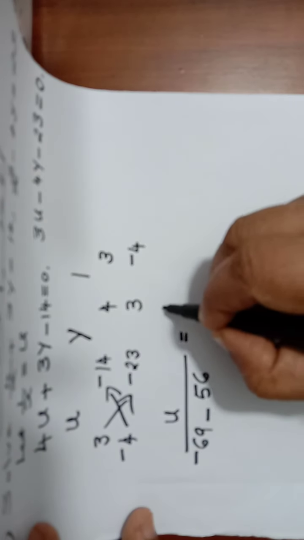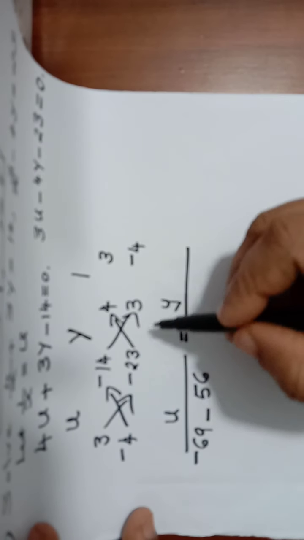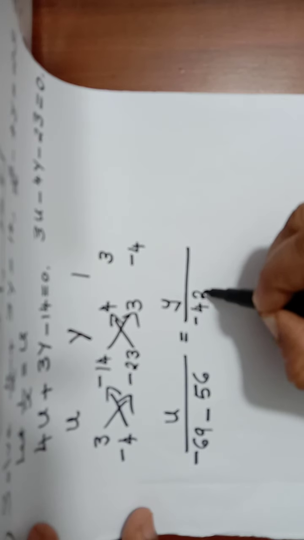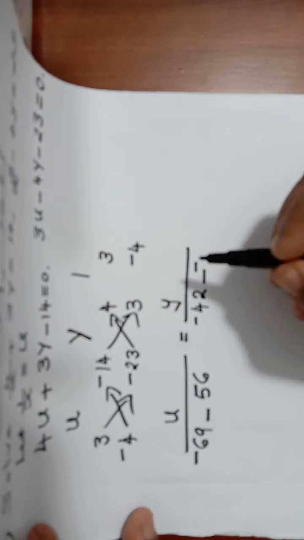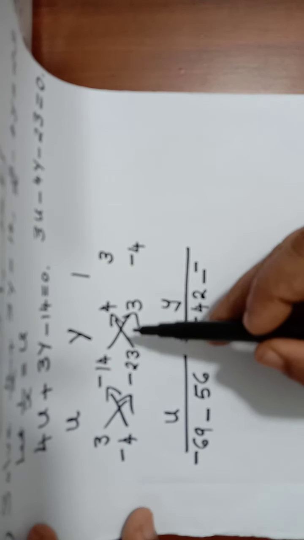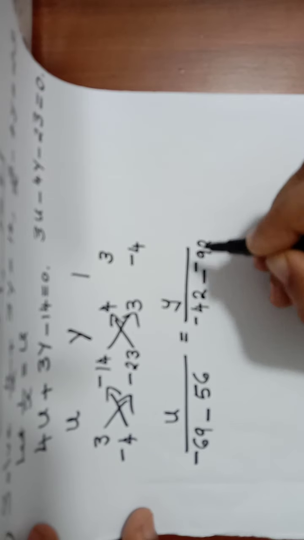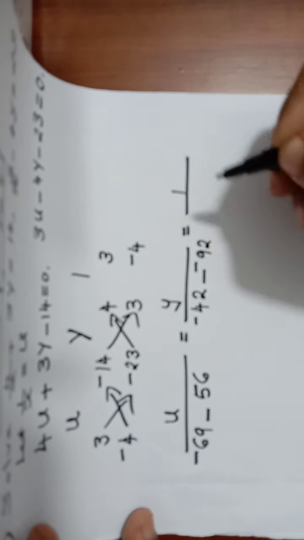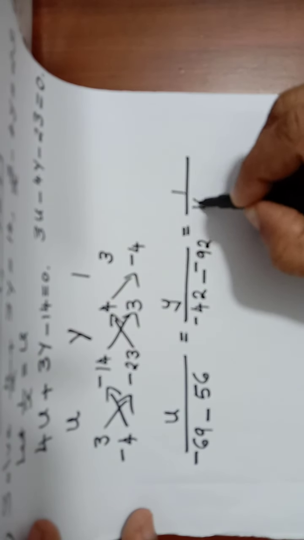That's equal to y divided by, again cross multiply, negative 14 into 3, it is negative 42 minus, negative into positive is negative again, 23 into 4, it is 92. That's equal to 1 divided by, cross multiply, 4 4s are 16.